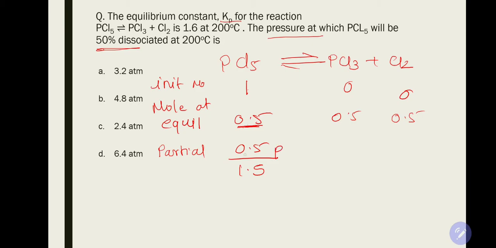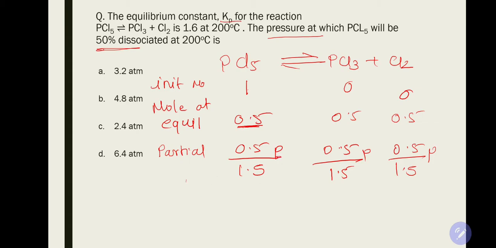So it is 0.5 upon 1.5 into P. Again over here it will be 0.5 upon 1.5 P, and here it will be 0.5 upon 1.5 P. Where P is the total pressure.